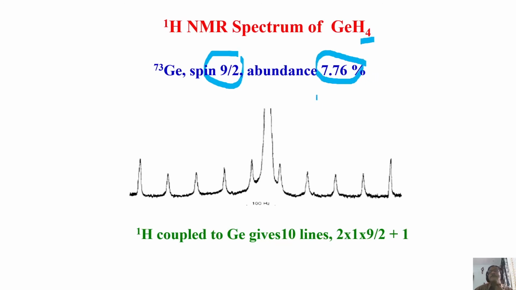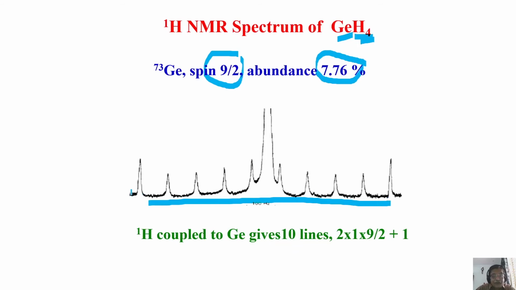Assuming I am seeing only proton, of course germanium is low abundant. What is the largest peak I should get? Most intense peak? Only the H4 peak. But if I enhance the intensity, then I see germanium coupling to proton also seen as satellites.